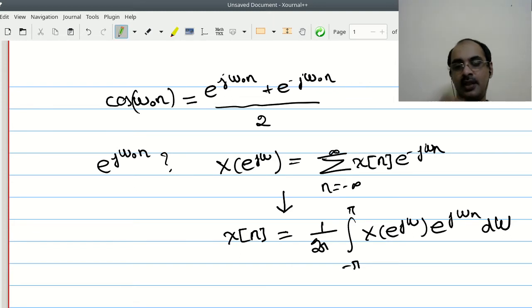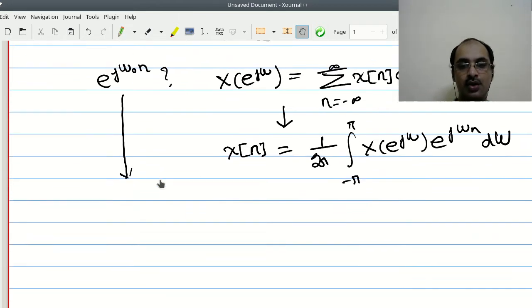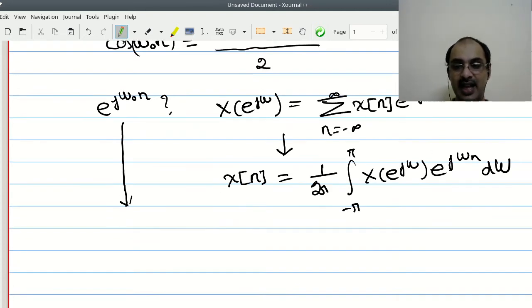Fine. Let us look at this e power j omega 0 n now. Let's look at the reverse. What x of e power j omega should I plug in so that I can get x n equal to e power j omega naught n? Now inside, notice that we have an e power j omega n sitting here.